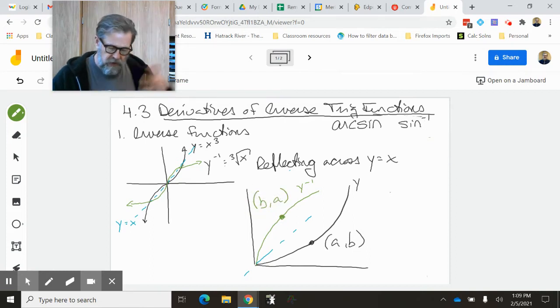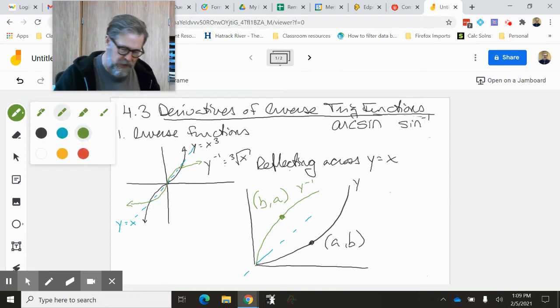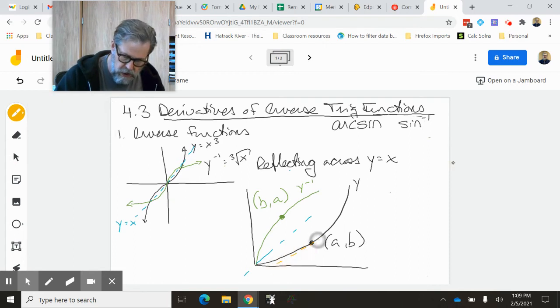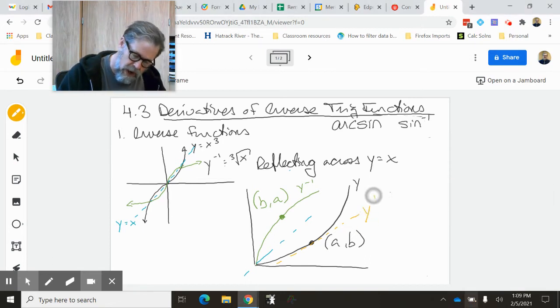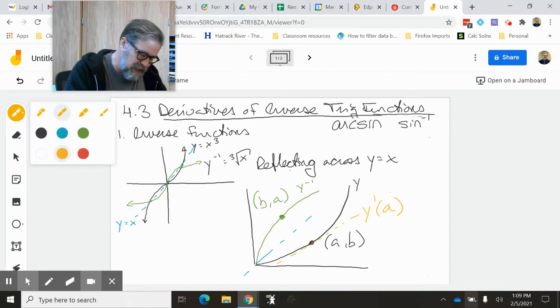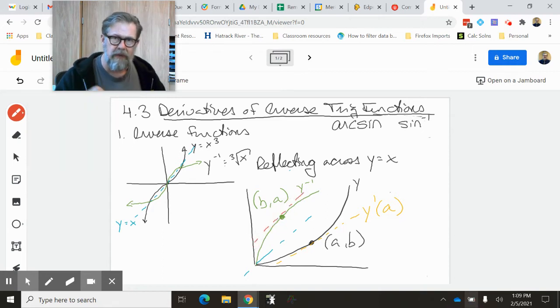Okay, so hopefully so far so good. Let's draw some tangent lines. The tangent line to the graph of y at x equals a, this is y prime of a. And let's look at the tangent line to the graph of the inverse function.